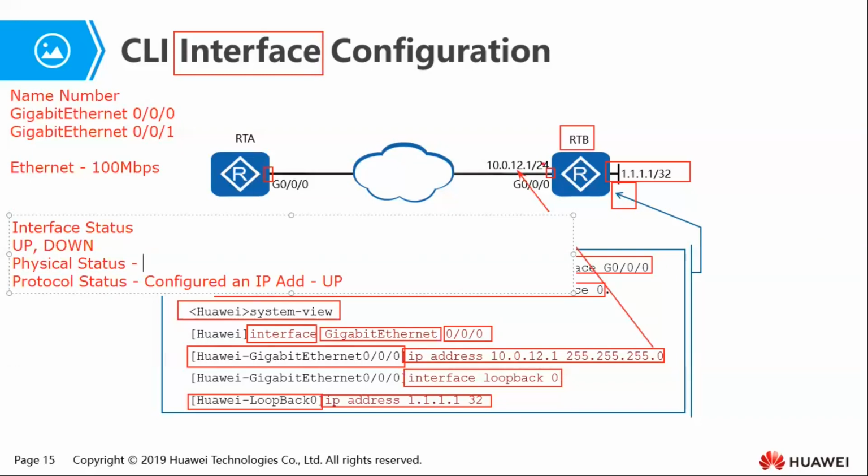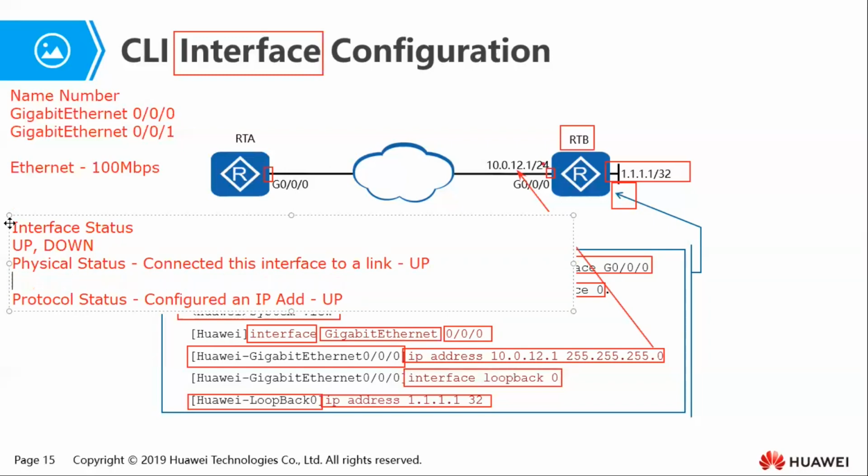The physical status is when you've connected this interface to a link. Then the status will be up. Sometimes you might have connected it to a link, but you've used the shutdown command.